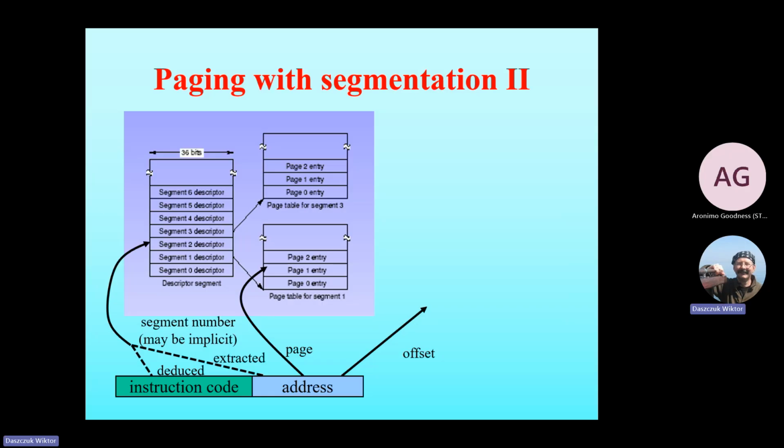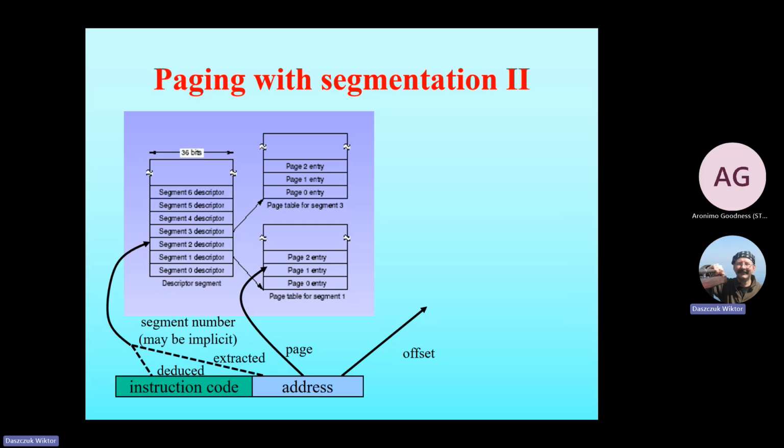How is the address elaborated if we have paging merged with segmentation? Table of segment descriptors. It is from Multics. This solution is from Multics.